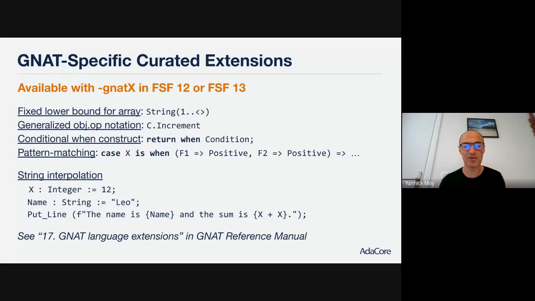And then using this syntax F quotes, so that's the F strings that we took from other languages, you can put in curly braces this expression, and the corresponding Put_String function will be called on the expression. And of course, the compiler will check that the expression is well formed semantically. For all these, you can look at the GNAT reference manual. And so I won't mention it more, but I put here in the slides the reference to the corresponding section.